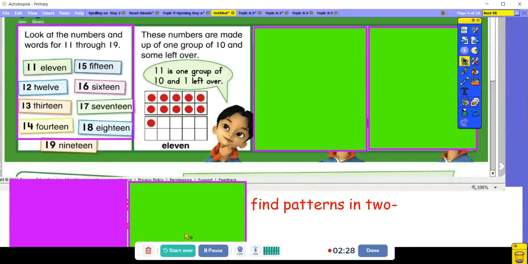Something I'm hoping you noticed is that these numbers are made up of one group of 10 and some left over. Here, the number 11 is one group of 10, and we see our 10 frame filled and then one left over.